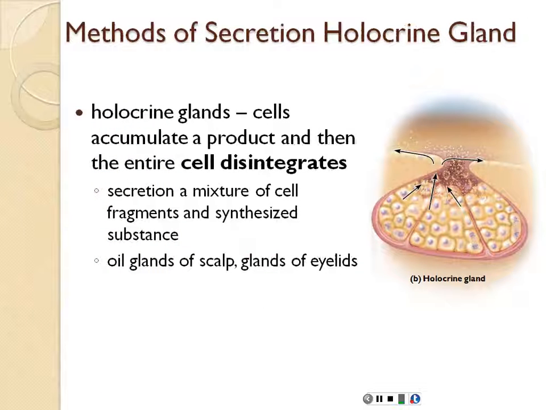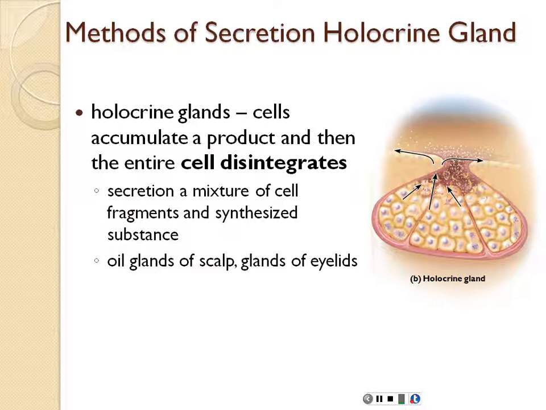And then you have something called holocrine glands, where cells accumulate a product and then the entire cell itself disintegrates. And the particles of the disintegrated cell are what the secretion becomes. Okay, so the secretion comes from the breaking down of the cells, and the components become the secretion. And that's called holocrine.